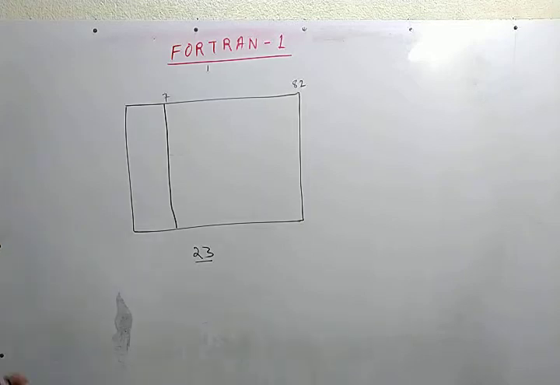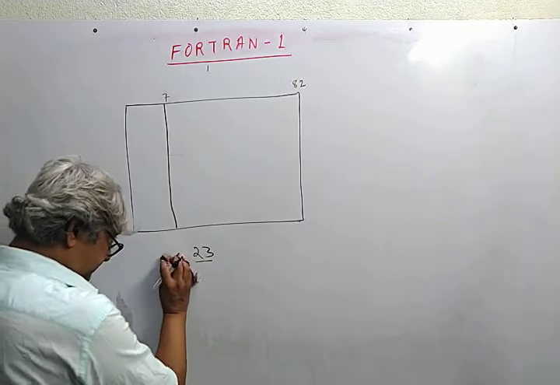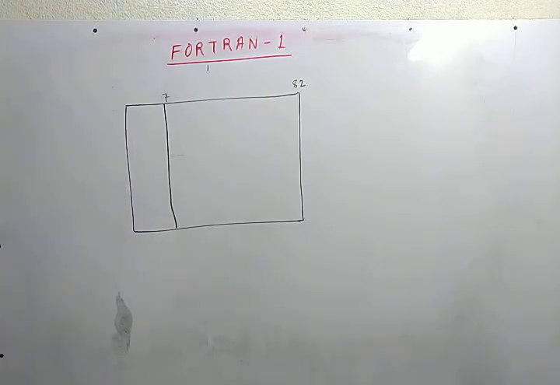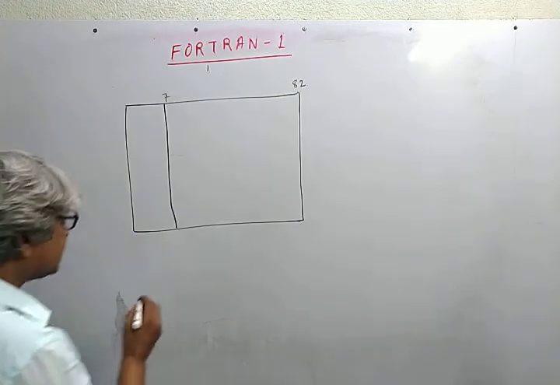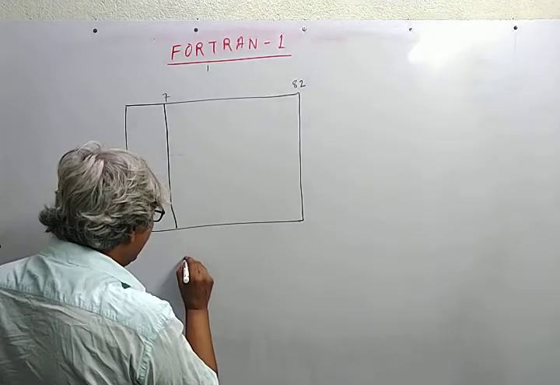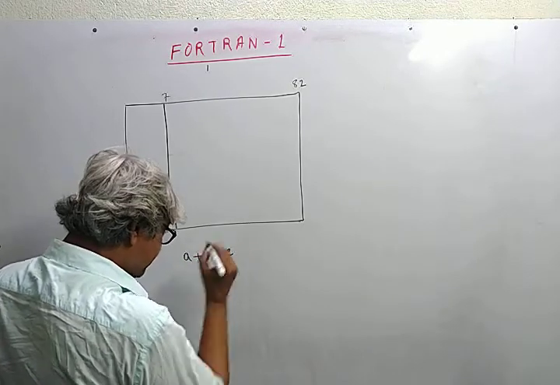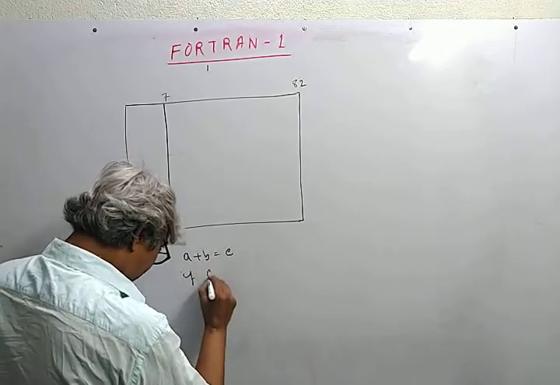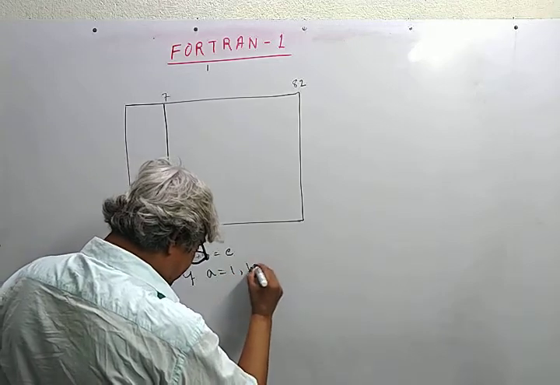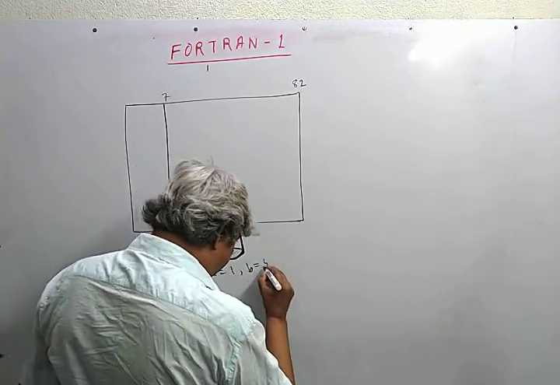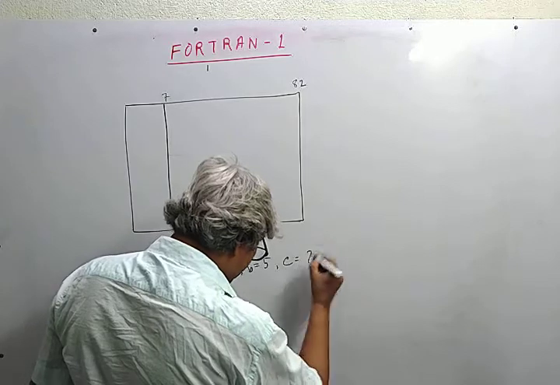So we need not write horrible things on the keyboard. Let us consider the simplest problem. We want to calculate a plus b is equal to c if a is equal to 1, b is equal to 5. What is c? This is the basic question.